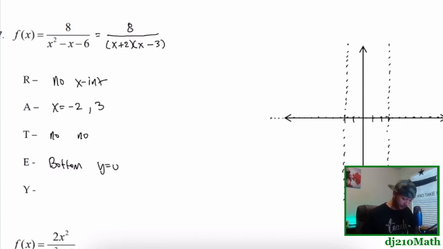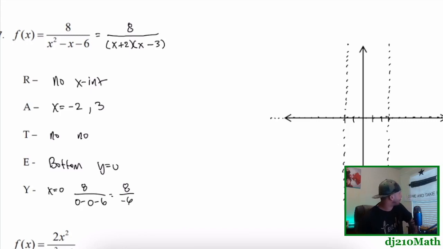And then the y-intercept is when x is equal to 0, we're going to get 8 over 0 minus 6. 8 over negative 6. So what is that? That's negative 1 1/3.